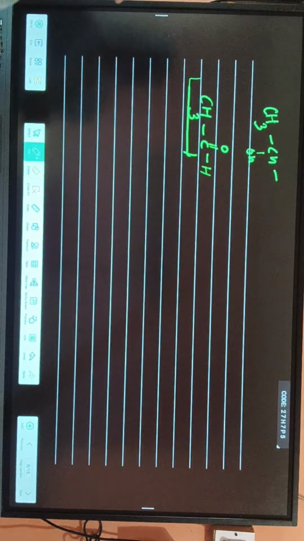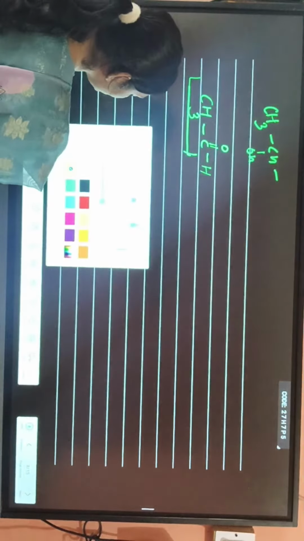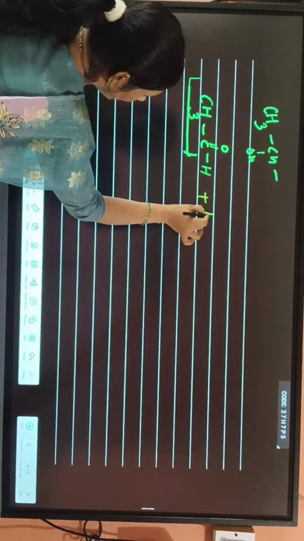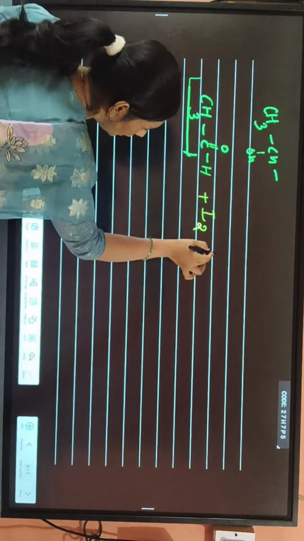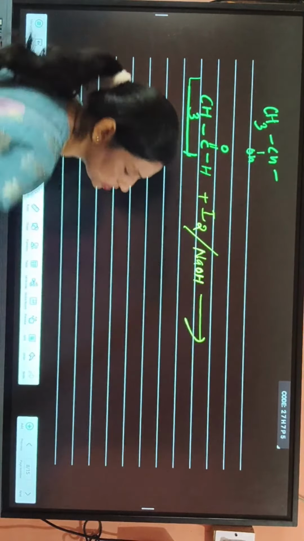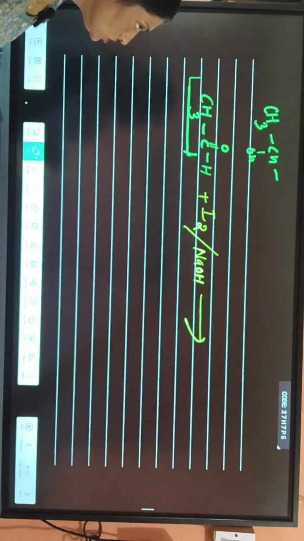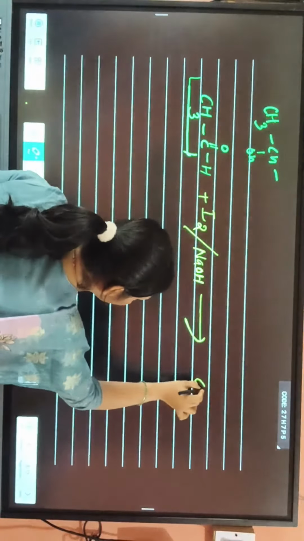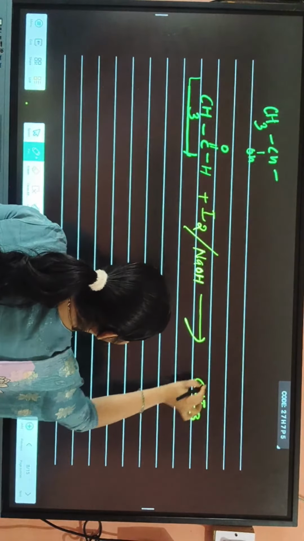If these groups are present and you react with iodine in the presence of NaOH, then, students, iodoform will form.